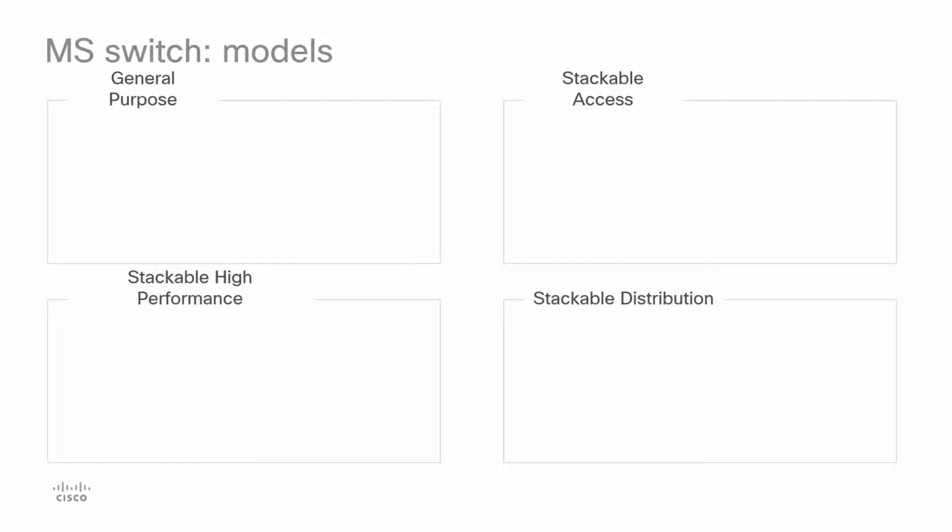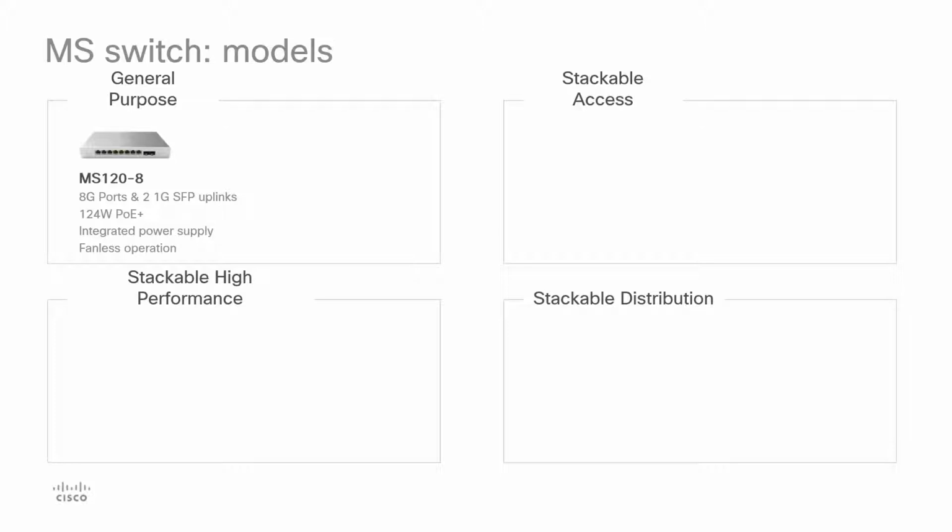Let's have a look at the current MS switch models. The MS220 are EOS-EOL. The migration path and current generation is the MS120 family. The MS128 is a compact switch that is fanless and provides 8 gigabit Ethernet ports and 2 fiber SFP uplinks.